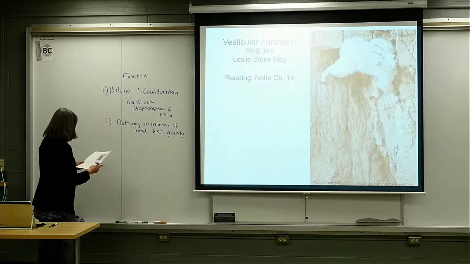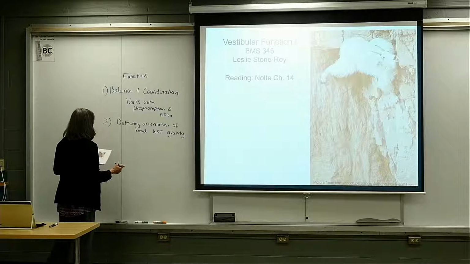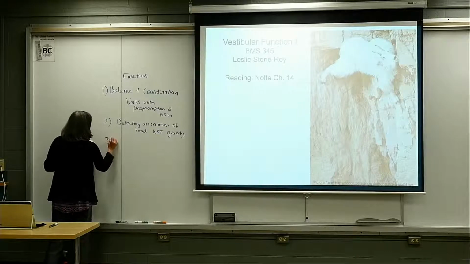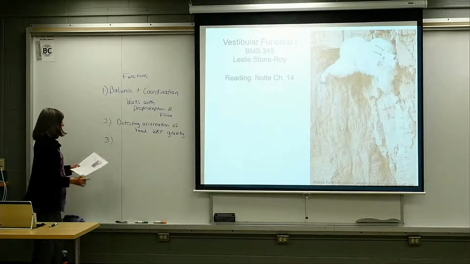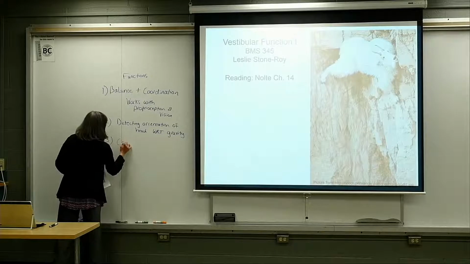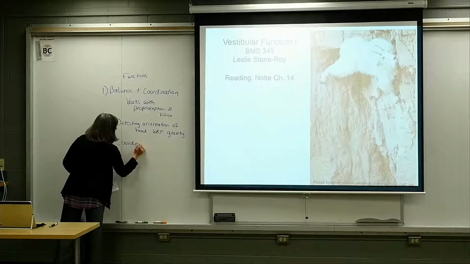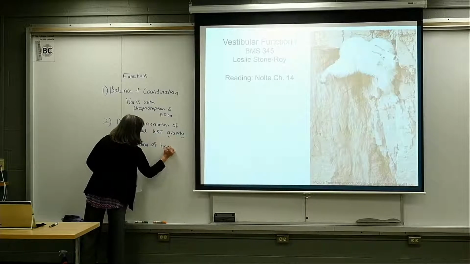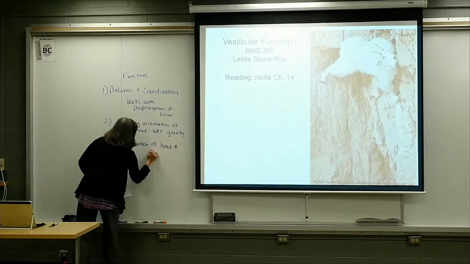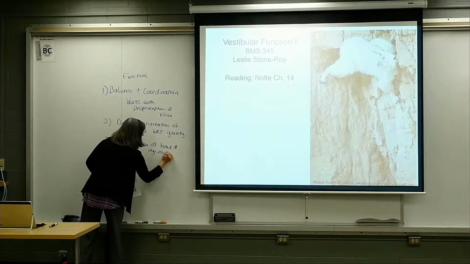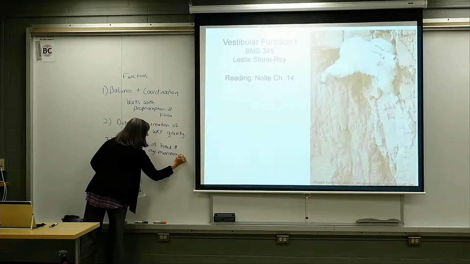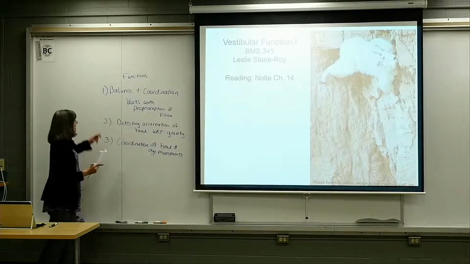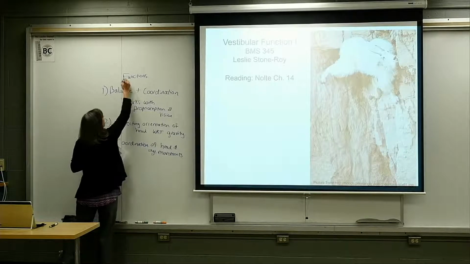So it's orienting the head, and the body sometimes is also involved. And then it's also very important for coordination of head and eye movements. Those are our main functions of the vestibular system.